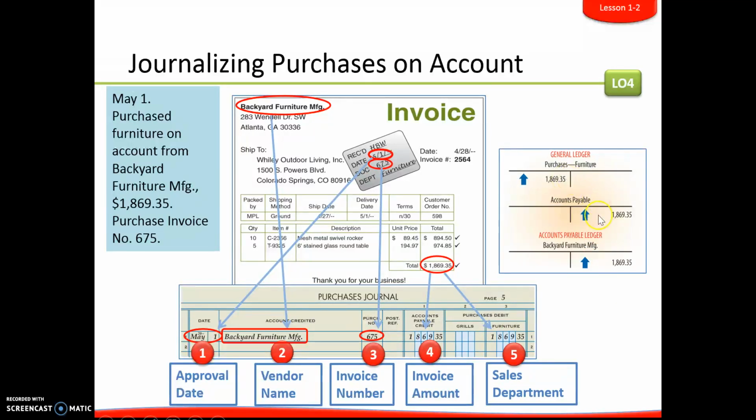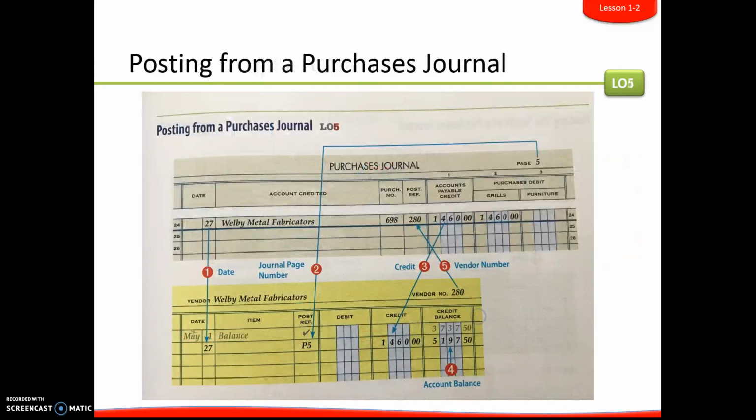Purchases is going up, so is accounts payable, but so is the accounts payable ledger, or a subsidiary ledger, for Backyard Manufacturing. So nothing is really changing except for the fact that you have to be aware of what department it is in. Is it grills or is it furniture? And depending upon what your problem is in application or mastery, just make sure you pay attention to that.